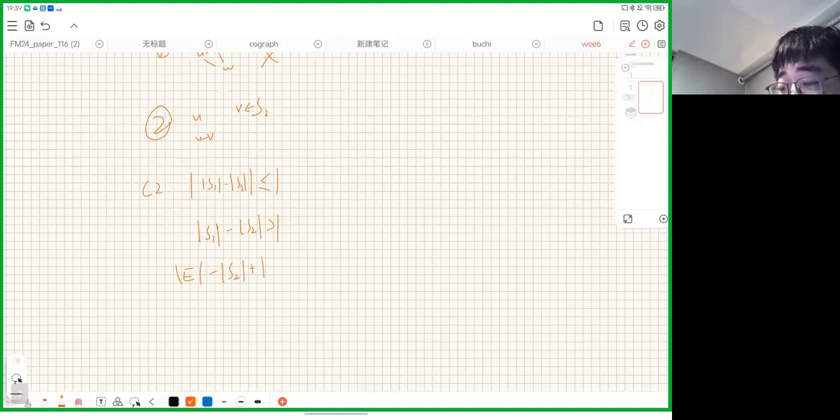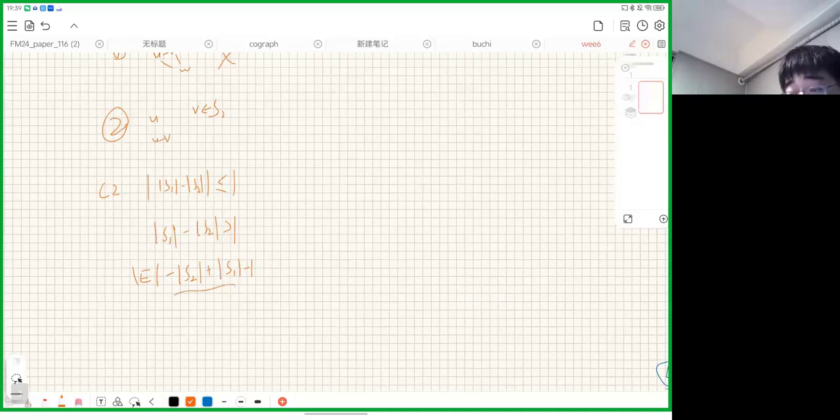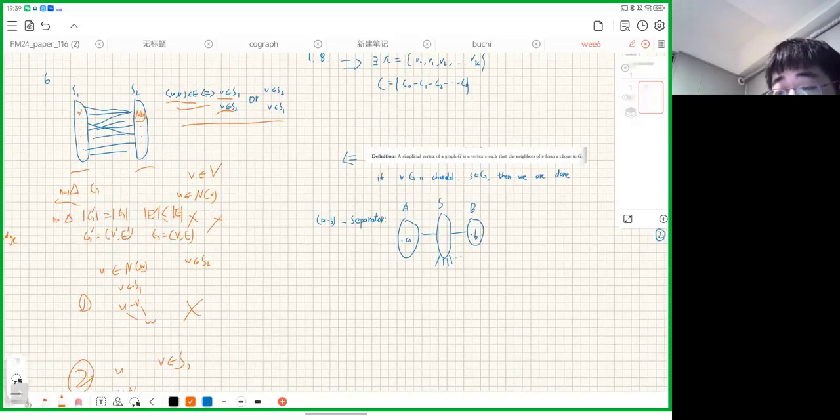But by adding this element to S2, we gain S1 minus 1 edges, because S1 is one less since we removed one from S1. And because S1 minus S2 is larger than 1, we create a new graph with more edges but still with no triangle. This contradicts that G is the graph with the most edges.